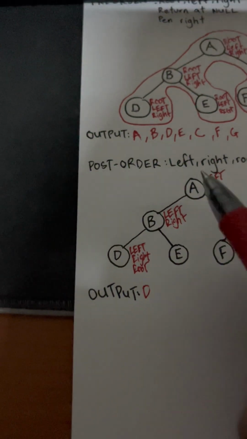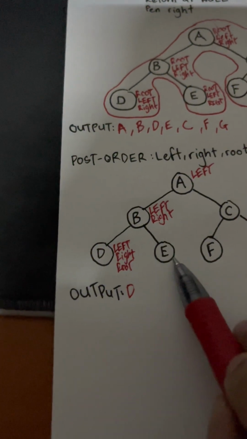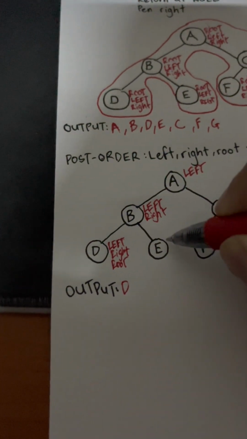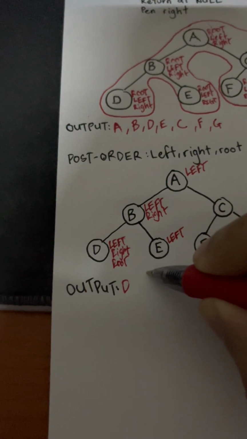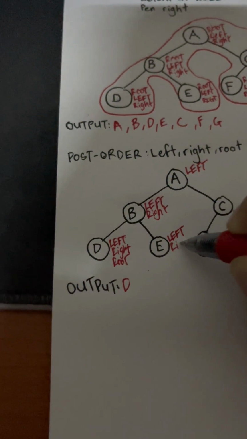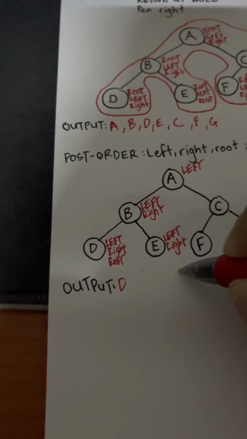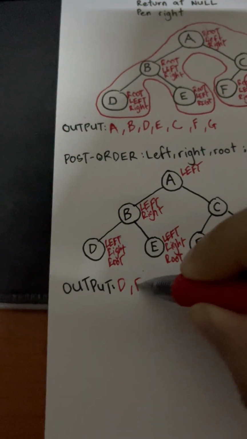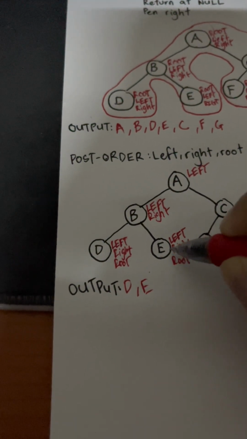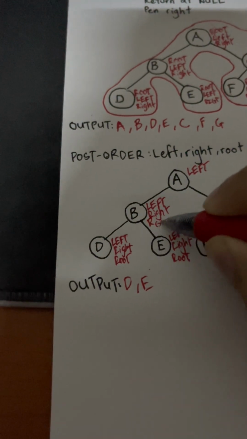Then left, right, okay, left, right, go right, here left, we go left, nothing, return, right, we go right, nothing, return, root. Then everything is done, return, root.